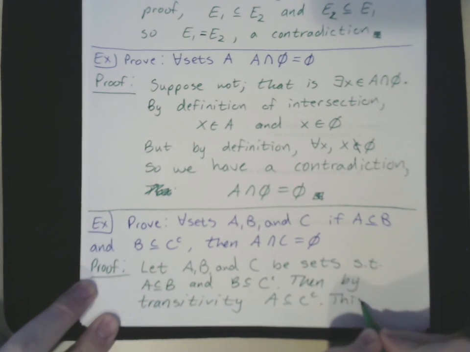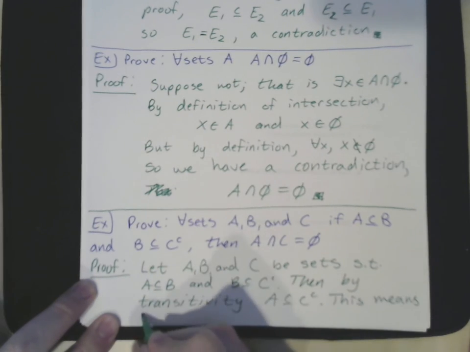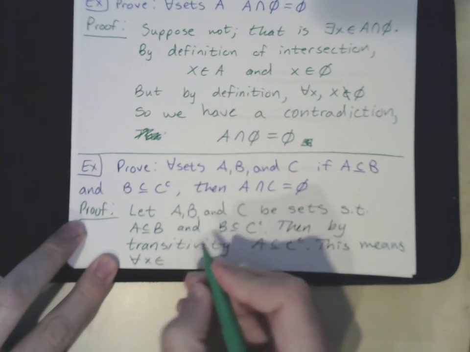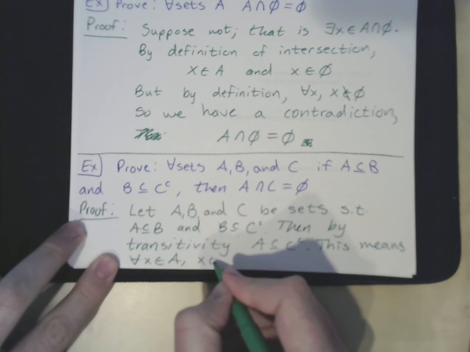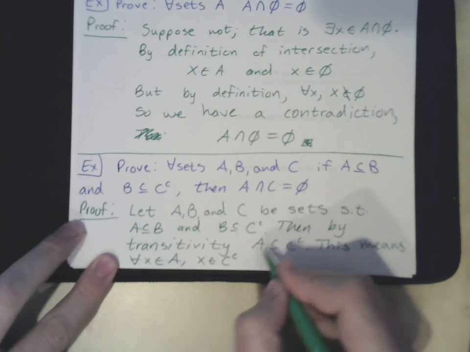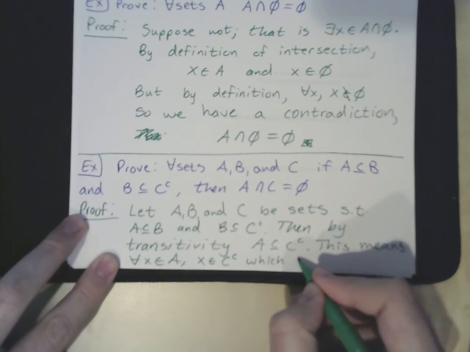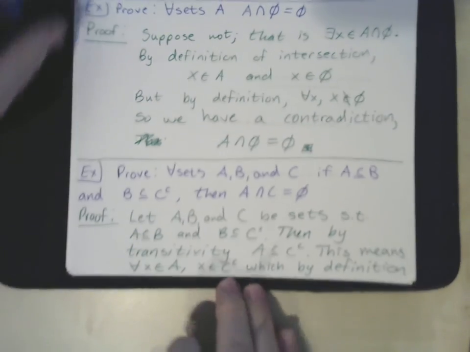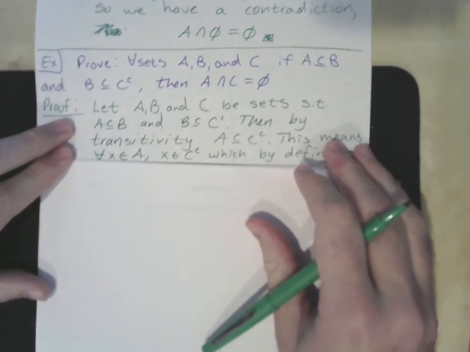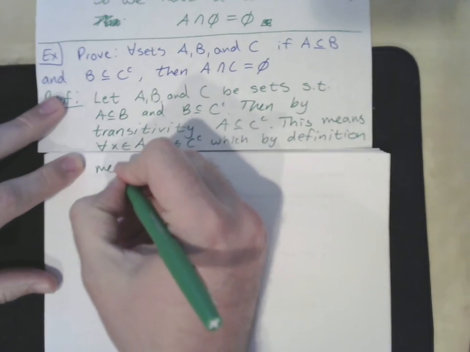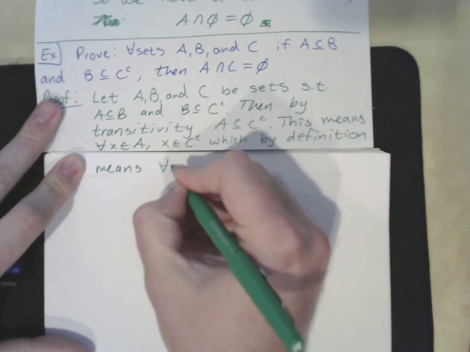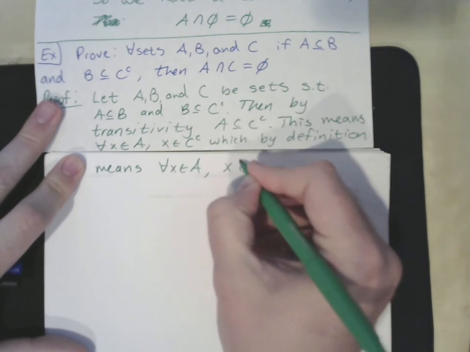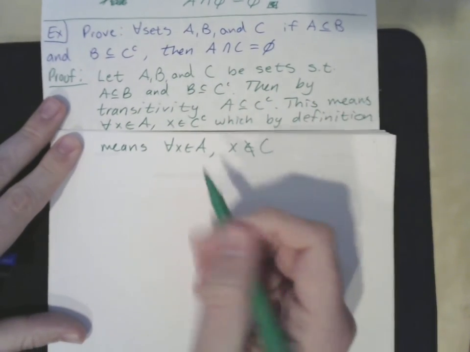So this means for all x that are in A, x is in C complement, which, by definition of complements, is all the things that are not in C. So for all x in A, x is not in C. That's what it means to be in the complement.